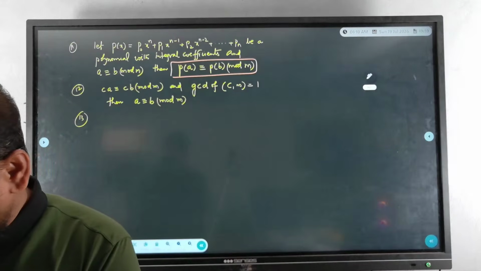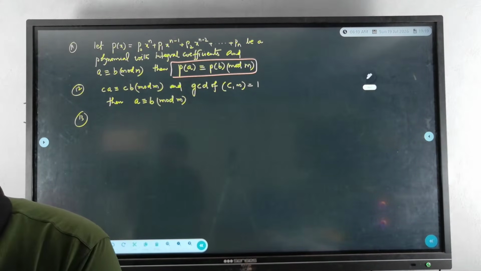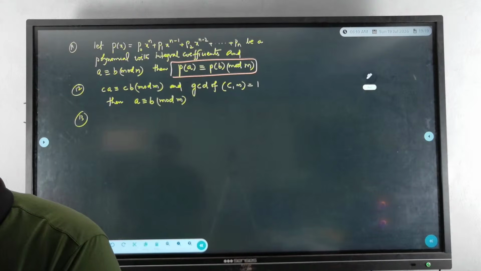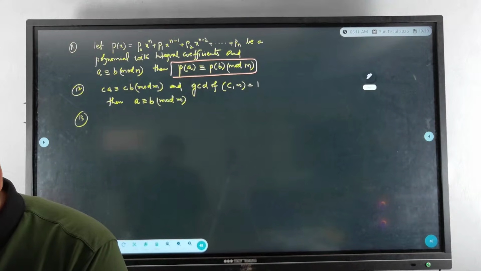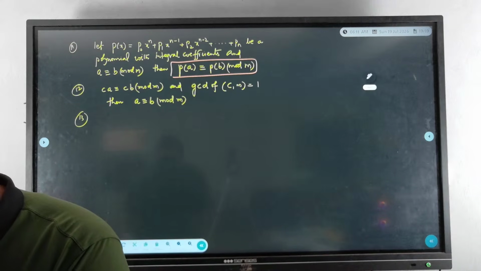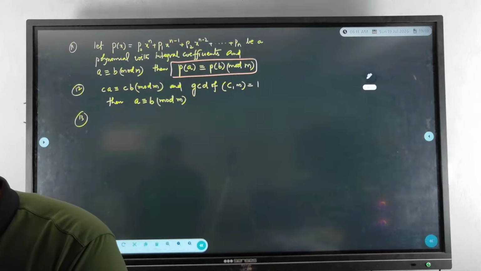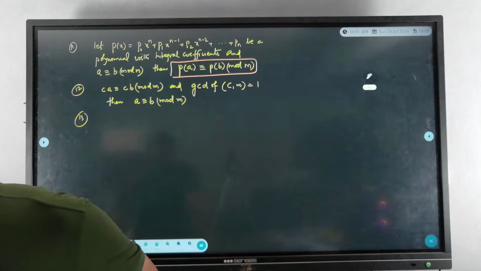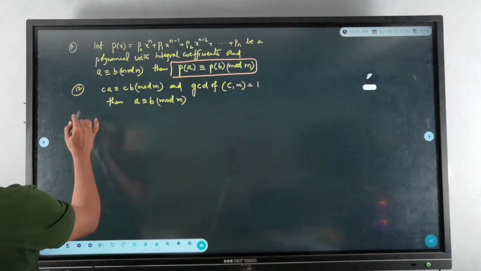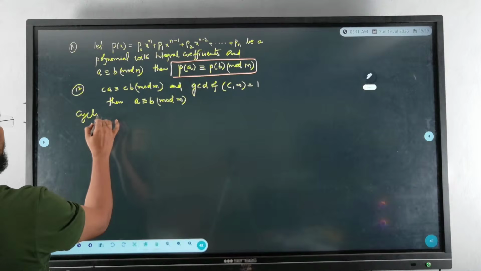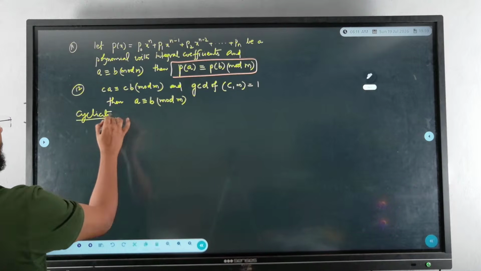I think these properties are enough to solve our exercise. Now we are going to discuss cyclicity.